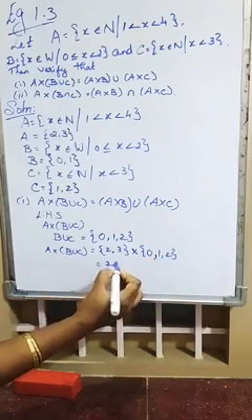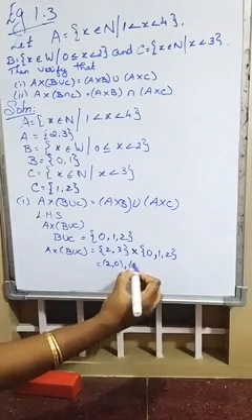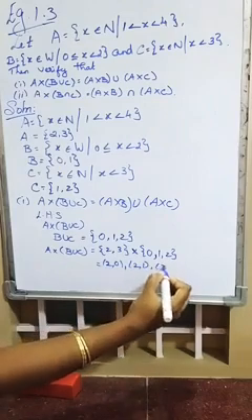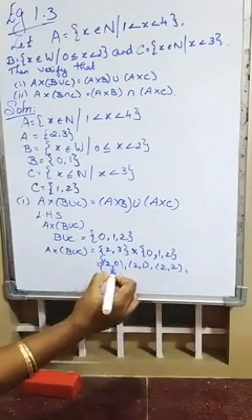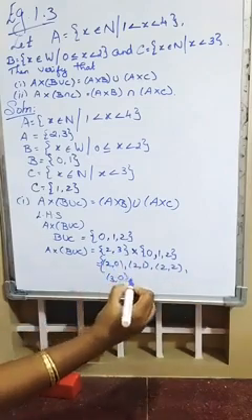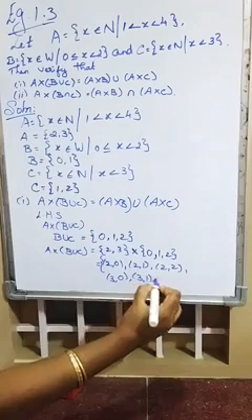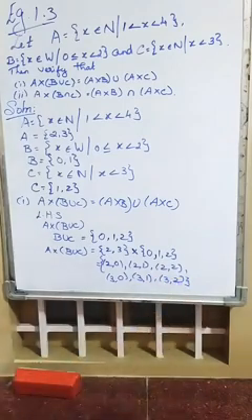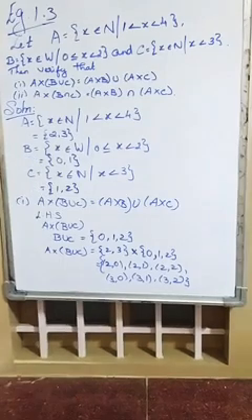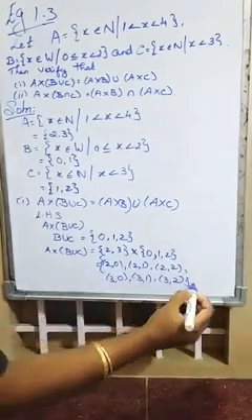Therefore (2,0), (2,1), (2,2). Next take the second element, 3: (3,0), (3,1) and (3,2). Take this as equation 1.